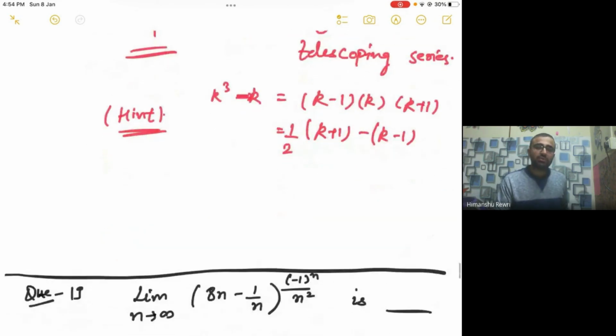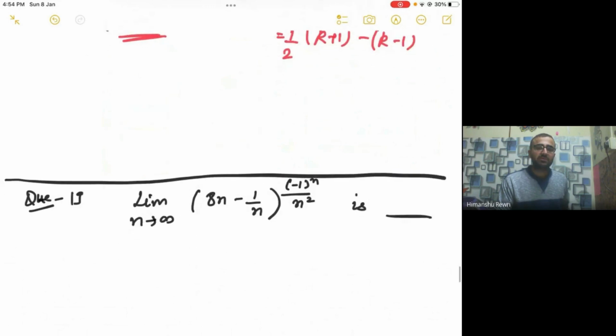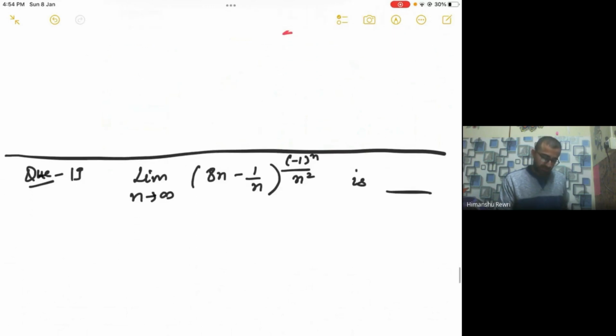Okay, so let's go to question number 19. This is a nice question. What will be the limit of this? How will you do question number 19?